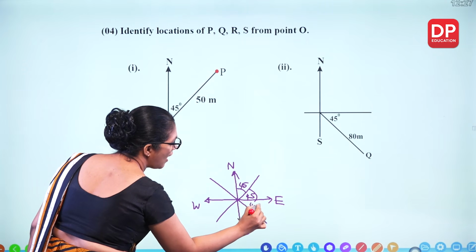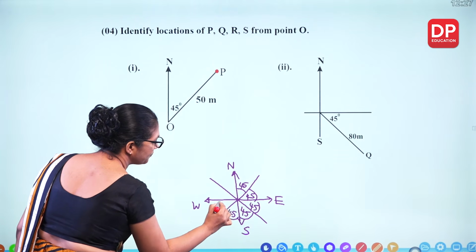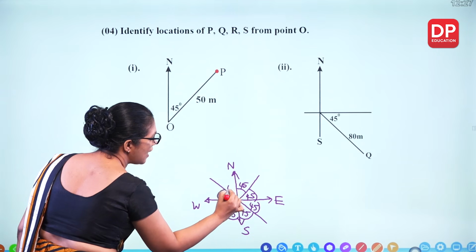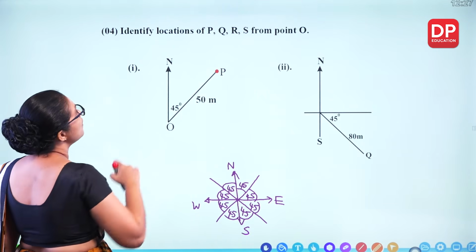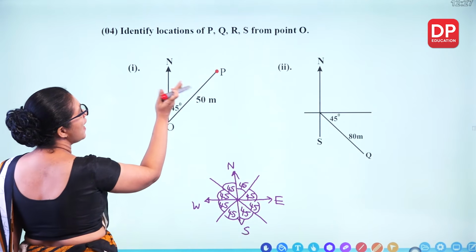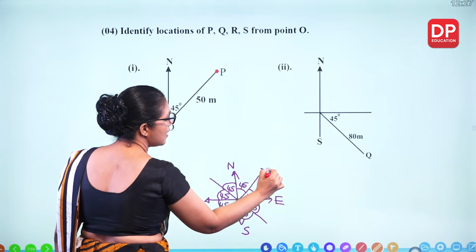So these all are 45-degree angles. So remember that. So you have to use that to identify the location here. So here 45 degrees towards this side. So what is this direction?